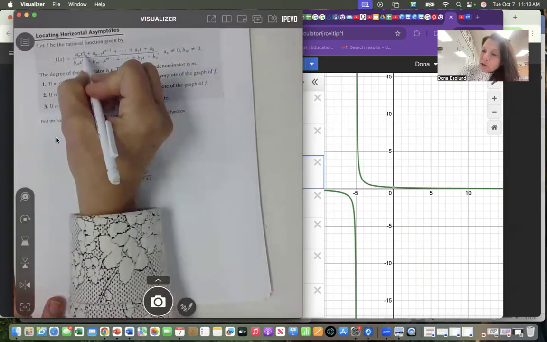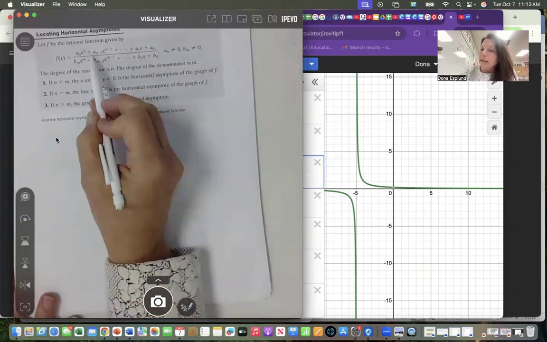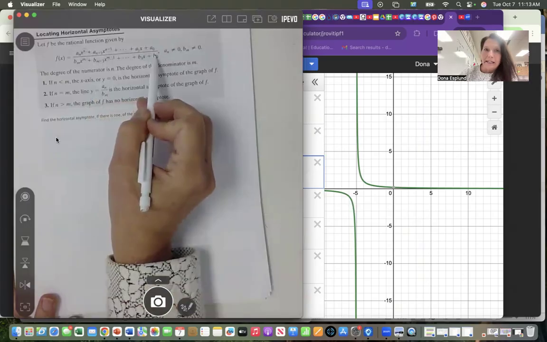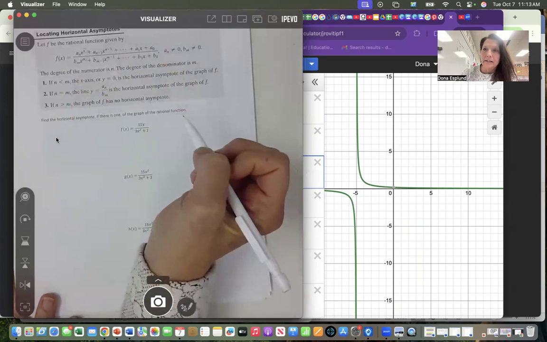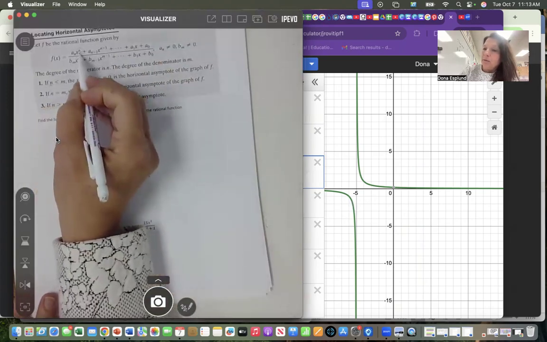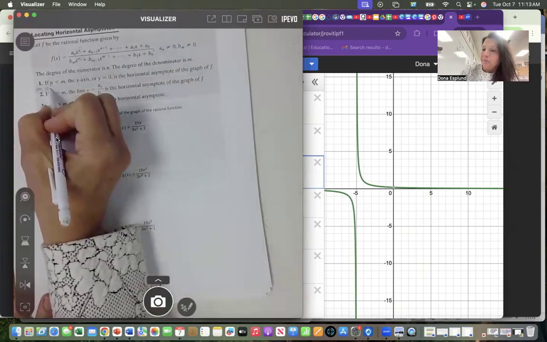What I want you to do is circle the m and the n, because it doesn't matter as much what's at the end of it. It really matters what the degree of your polynomial is. So n is going to be the degree of my numerator.